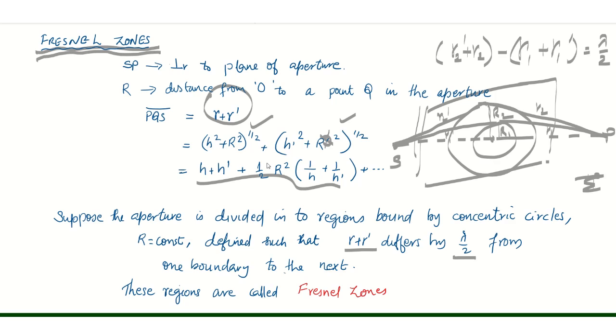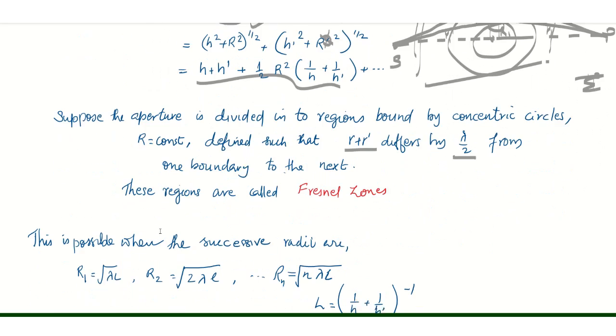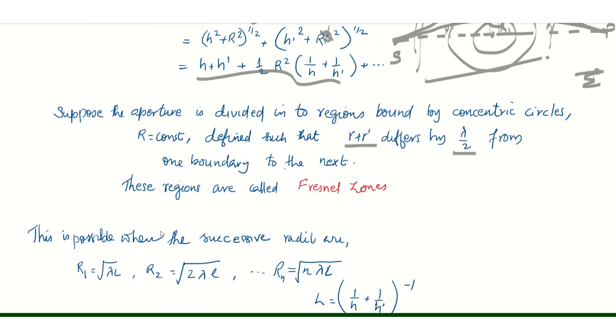You can divide it with the condition that the difference in R plus R prime is lambda by 2 from one boundary to the other. From this boundary here to this boundary here, R plus R prime differs by lambda by 2. And these regions, if you divide it, you call it Fresnel zones.